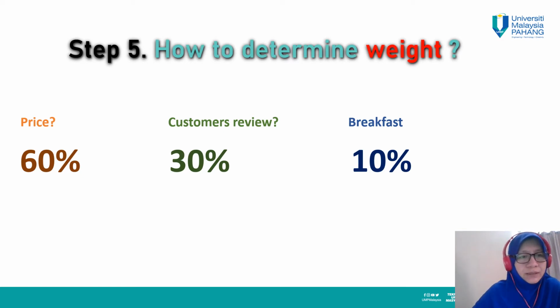For example, when we are concerned with price more than the customer's review and breakfast, we will allocate the percentage value for the price higher than customer's review and breakfast.